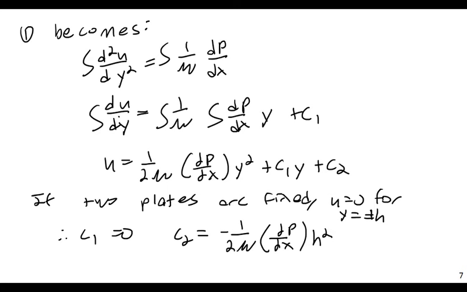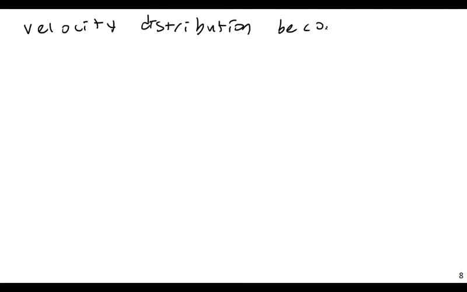And then the velocity distribution becomes, and I think there may be some slight issue with that integration there, I need to dig into this some more. But the velocity distribution then becomes u is equal to 1 over 2 mu times the partial of p with respect to x times y squared minus h squared.